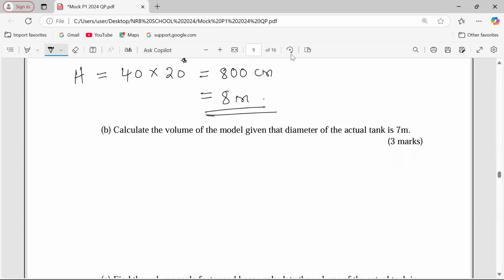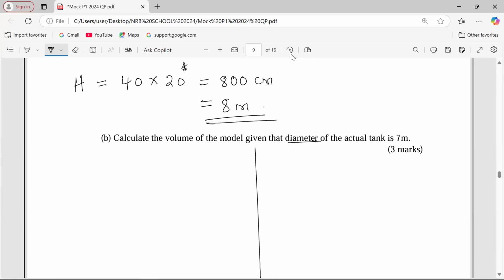It's also good for you to remember that what has been provided here is the diameter, which is a linear measurement. This question can have two approaches, and I want us to try both of them. I will start with the first method, whereby we get the volume of the actual tank.